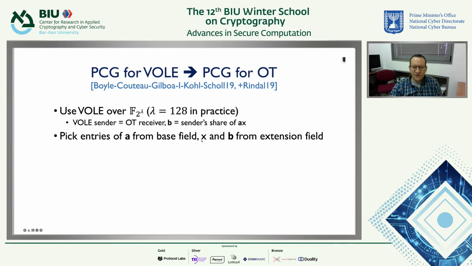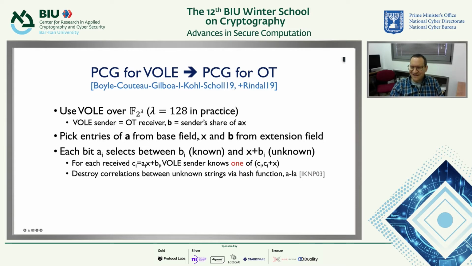And now if we do that, then we get a correlation. The Vole correlation becomes isomorphic to so-called correlated oblivious transfer, which is really the correlation that is generated by IKNP. So it's a bit tricky to say, but if you think of the Vole correlation, A_i X plus B_i, where each A_i is a bit, then you can think of A_i as a selector.